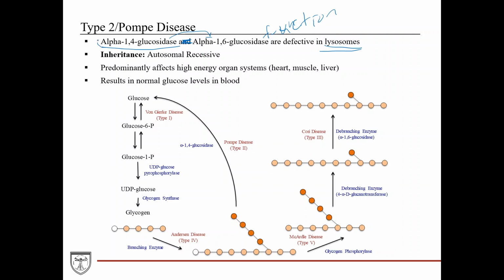So this is the main enzyme that's deficient, and we indicate that down here. So alpha-1,4 glucosidase, Pompe disease here, and its inheritance is autosomal recessive. And so what happens here is, since you're not able to readily break down glycogen within lysosomes, you have an increase in lysosomal glycogen storage.